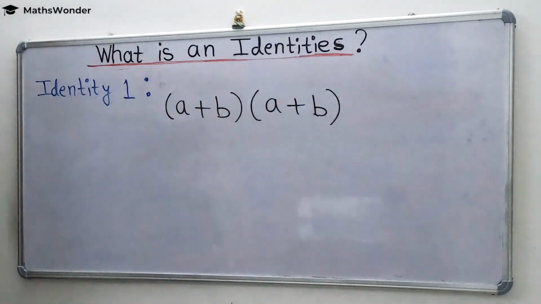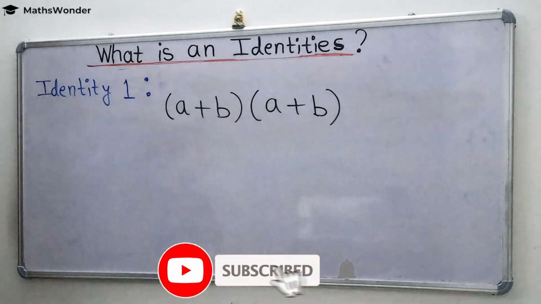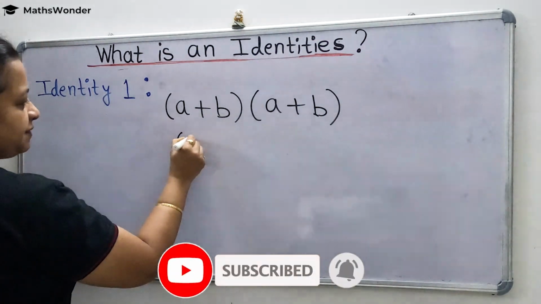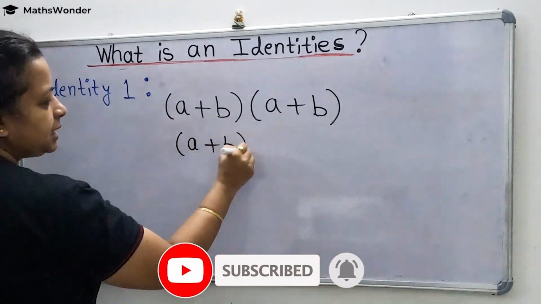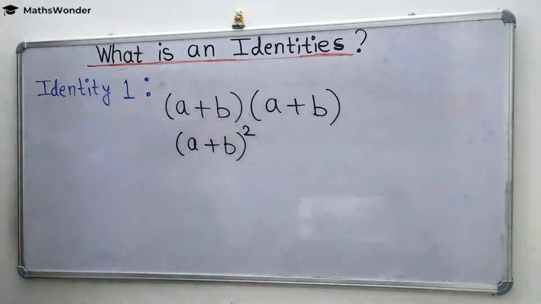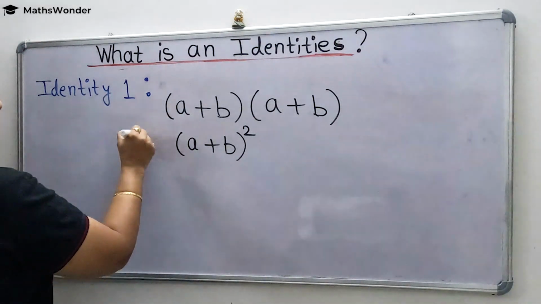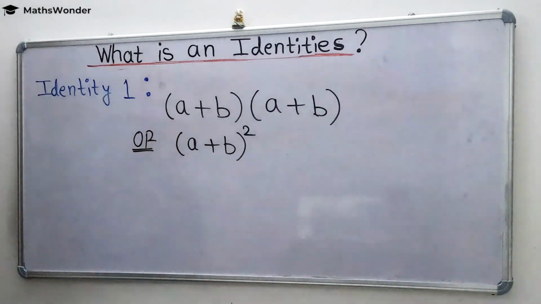Like a square. Yeah. So a plus b, if we have 2 times, can you write it in this way? A plus b square. Yes. Can we write it in this way? Yes. So this or this is same, right? As we are using the square.